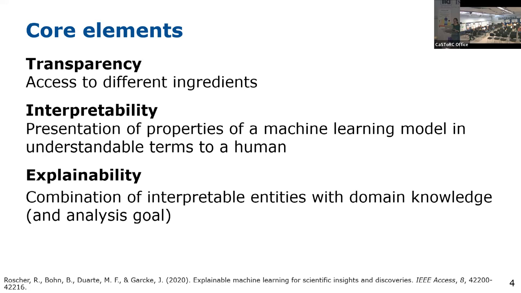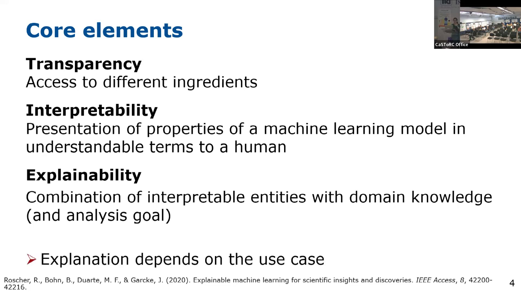For a large part of the literature, there's no distinction between interpretability and explainability, or they are somehow mixed up. The reason why my co-authors and I think this is important to distinguish is that you can have one interpretation but multiple explanations, because it depends on the use case and on the added domain knowledge.